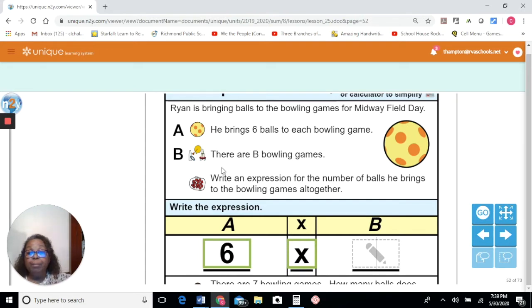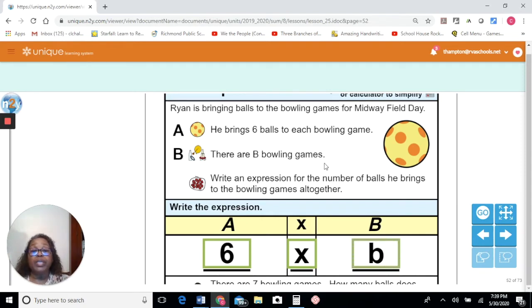The problem was broken into 3 parts: A part, B part, and the part that is the answer. In the B part, we don't have a number. We're going to use the variable. The variable is the alphabet, it's the unknown. Right now, we don't know what B is, so we have to put B there. 6 times B, because we don't know what B is yet.